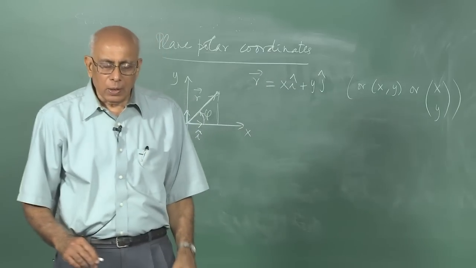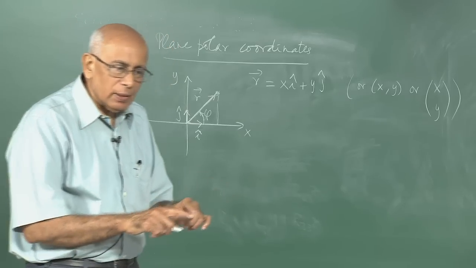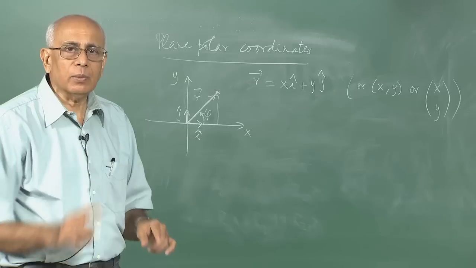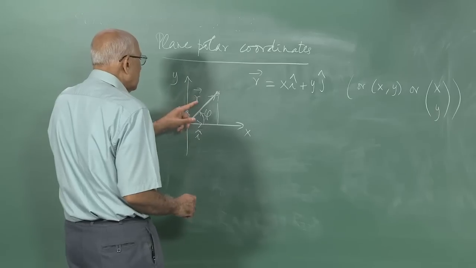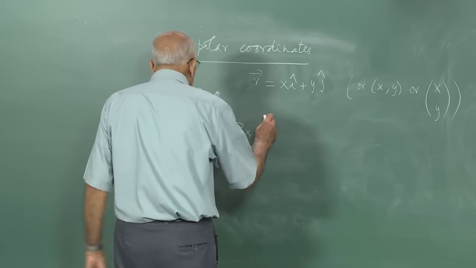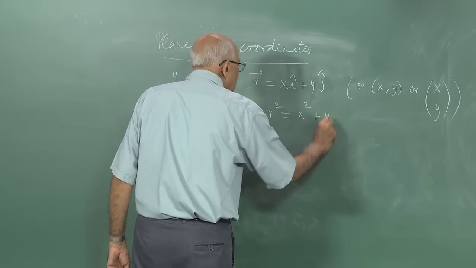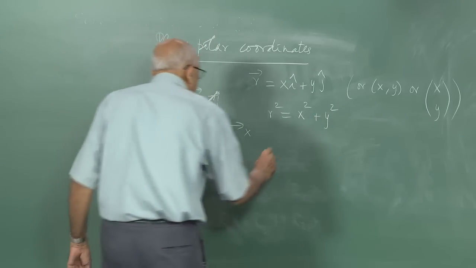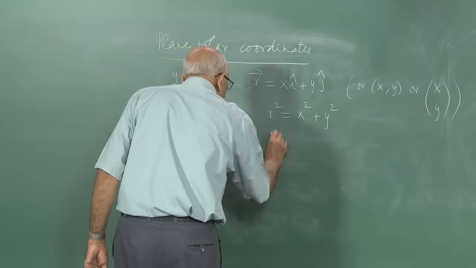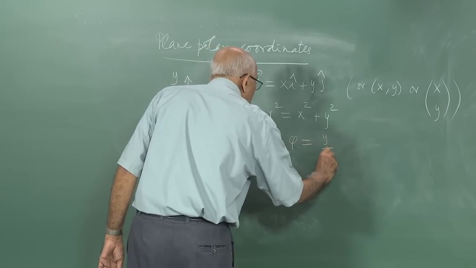So the coordinates of any point in a plane can either be written down by telling you what its Cartesian components x and y are, or what its plane polar components r and phi are, and it is immediately clear that r squared is related to x and y by r squared is x squared plus y squared, and similarly phi, or rather tan phi, is equal to y divided by x.